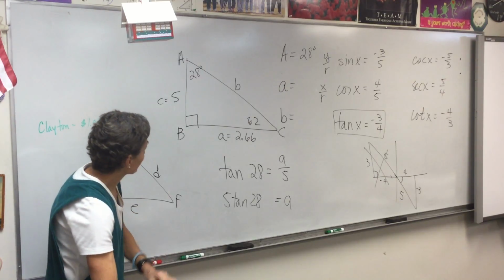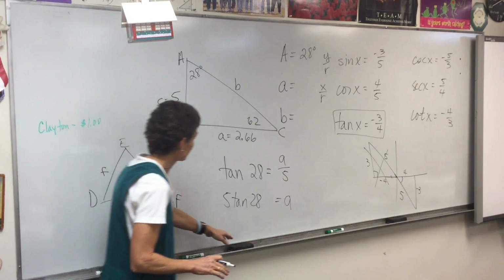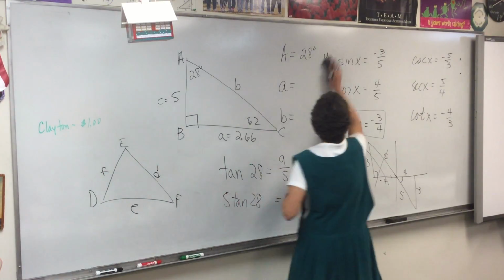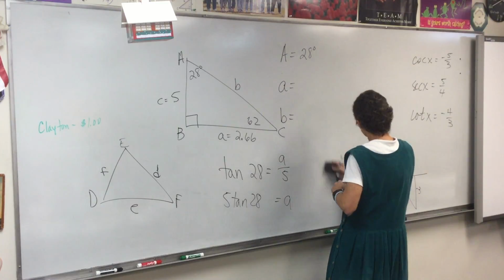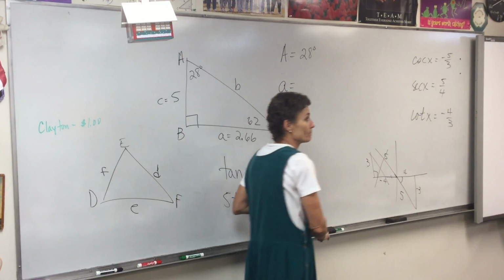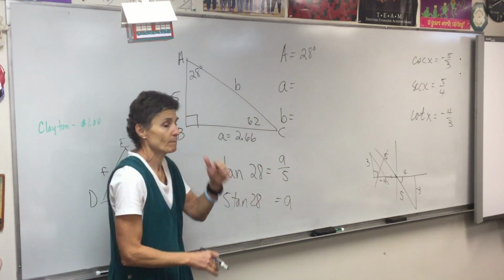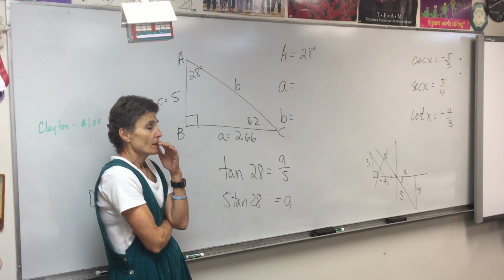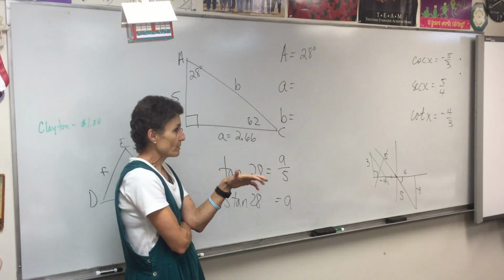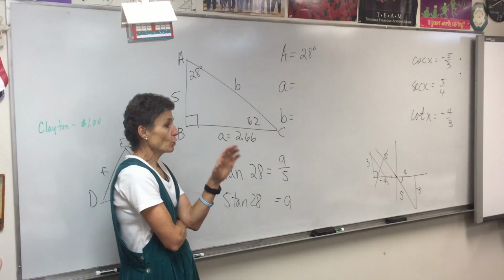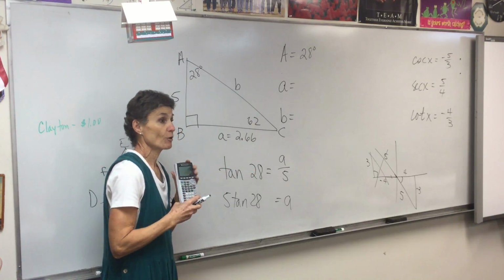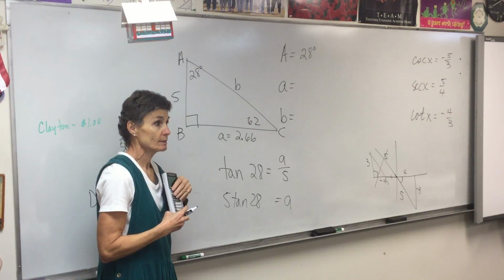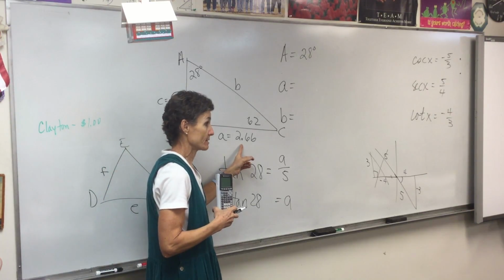All right, now I want to talk about side B. Is anybody thinking Pythagorean theorem? Okay, let's talk about that for a minute. You can do the Pythagorean theorem as long as you use the number on your calculator, your answer button in other words, and not 2.66.